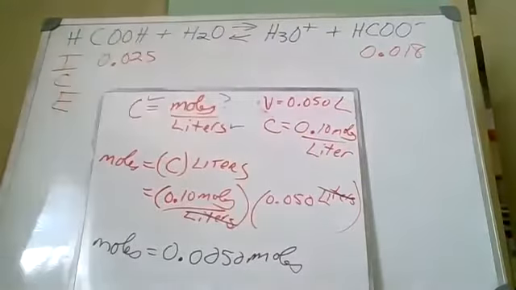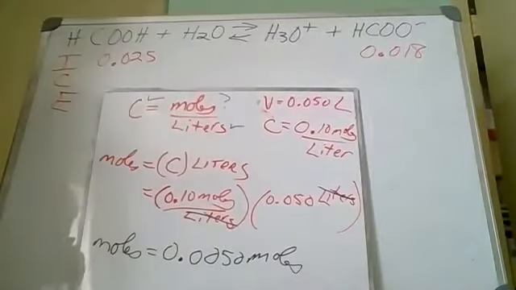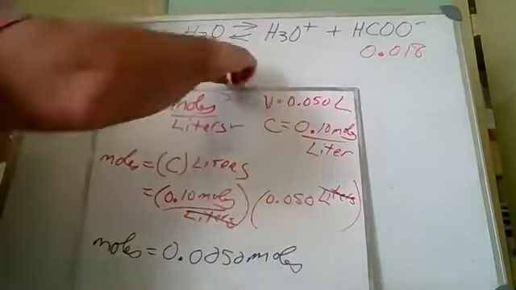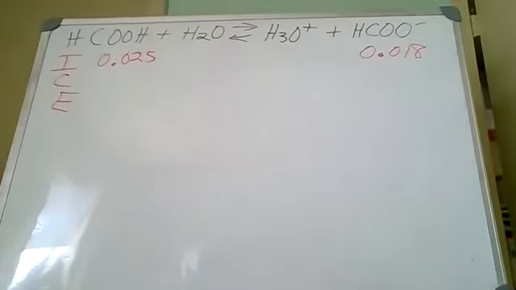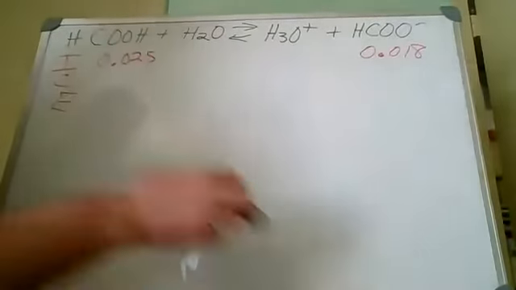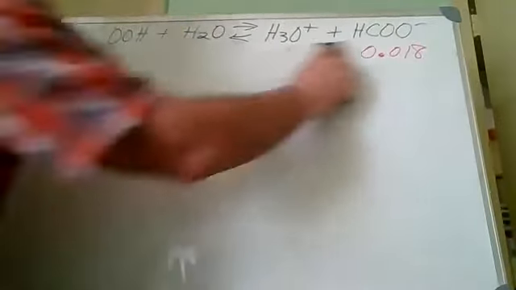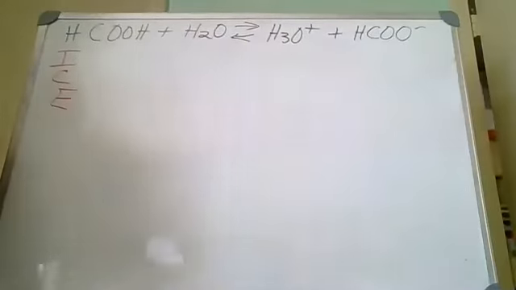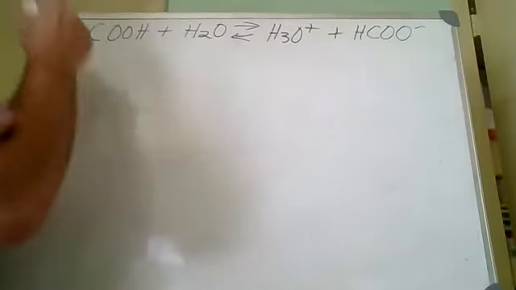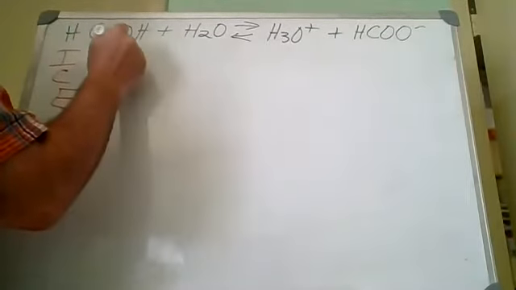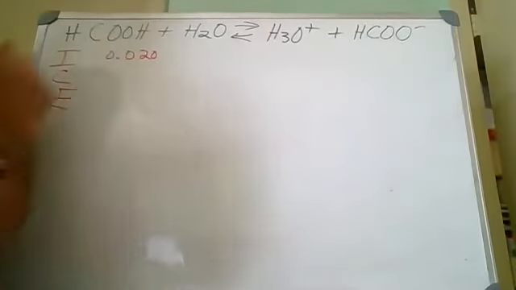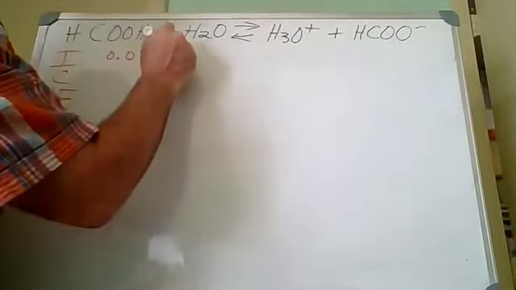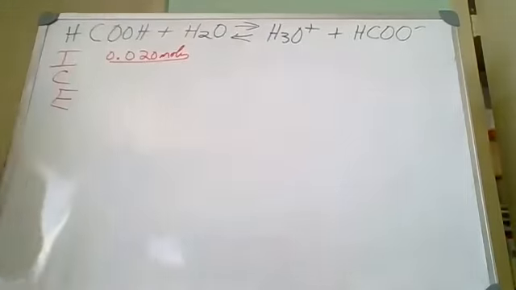Everybody clear there? So we're going to put into this 0.0050. Now we can erase this, and we can enter in here 0.020 moles. But we have a new volume now.